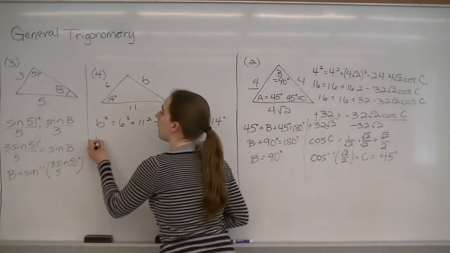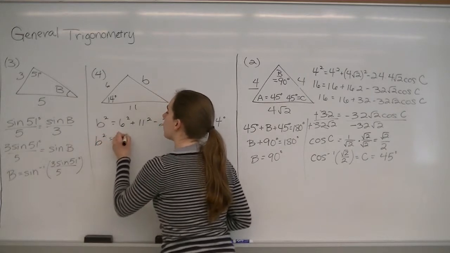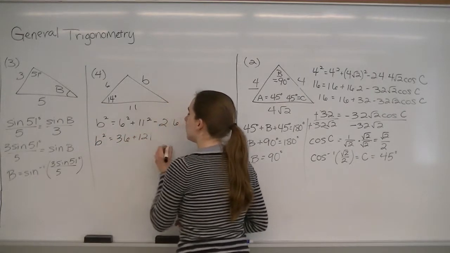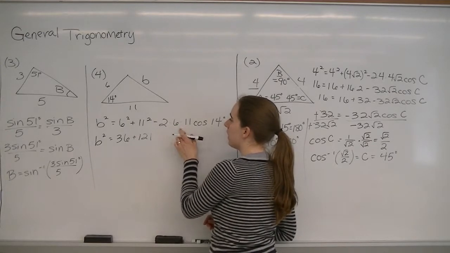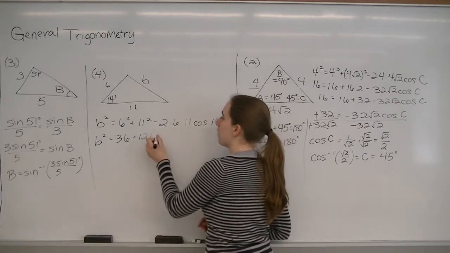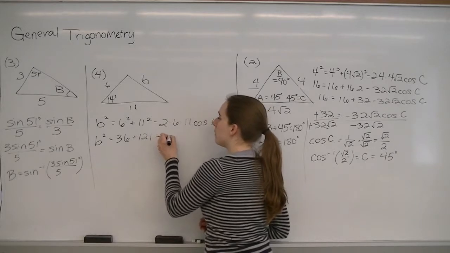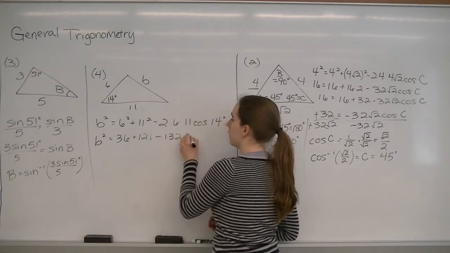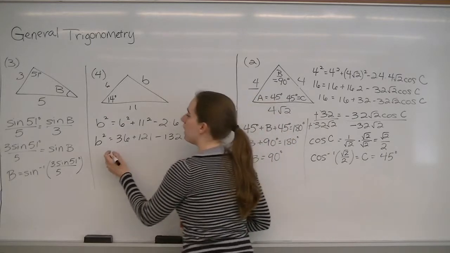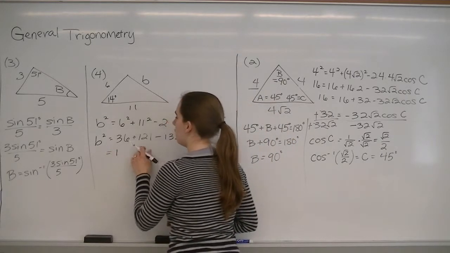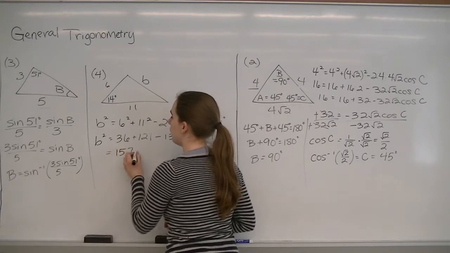So let's see what we have here. We have b squared is equal to 36 plus 121 minus 2 times 6 times 11, so that's 66 times 2, it's going to be 132. I can combine these two, that's going to be 157.